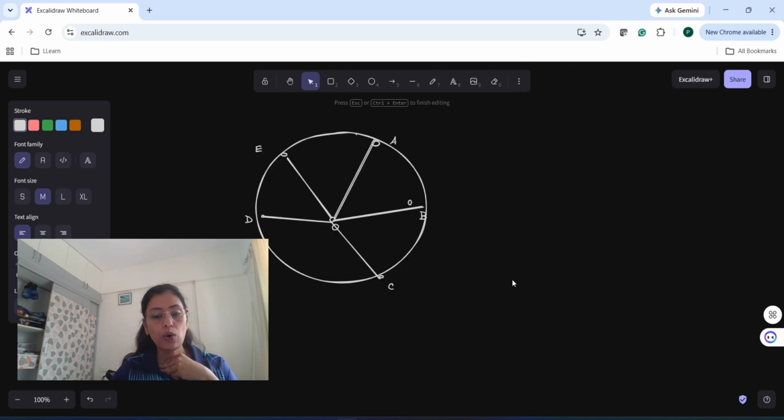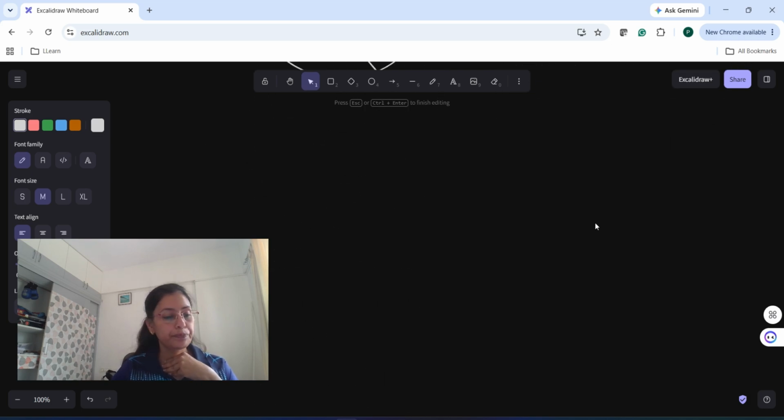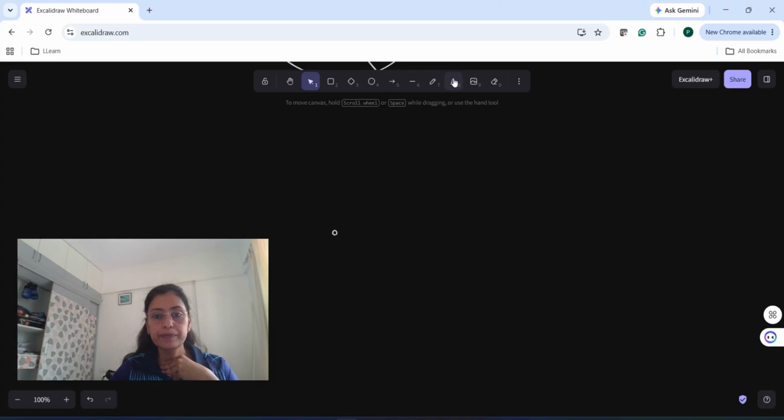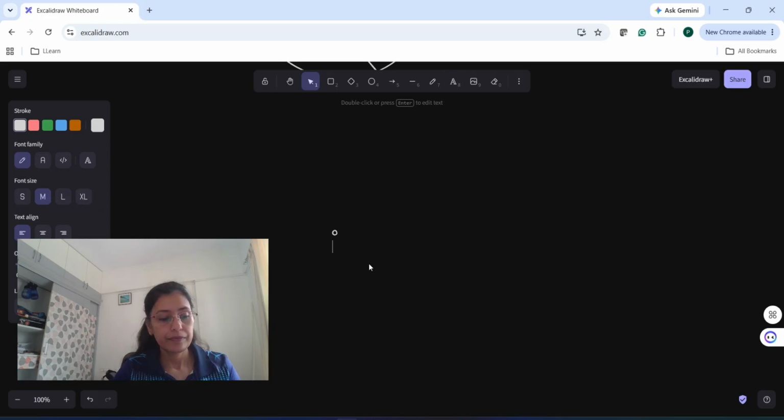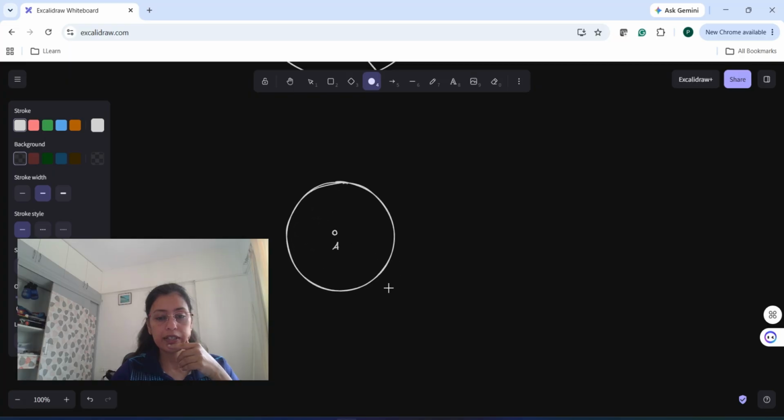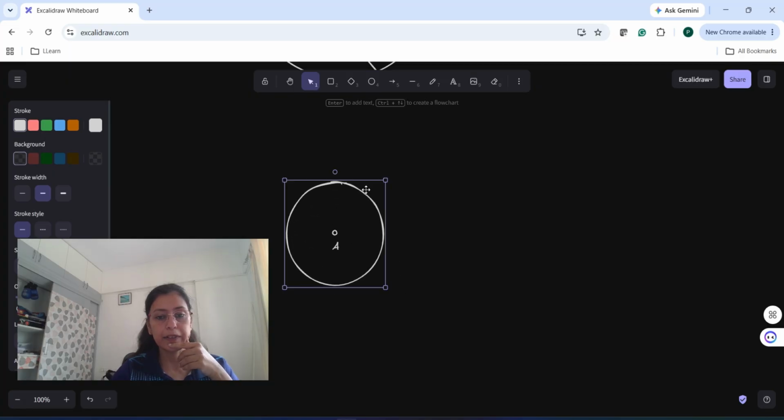Okay, now we'll move further. Now, suppose we have a point A, which is the center of my circle. I'll make a circle with this point as the center.